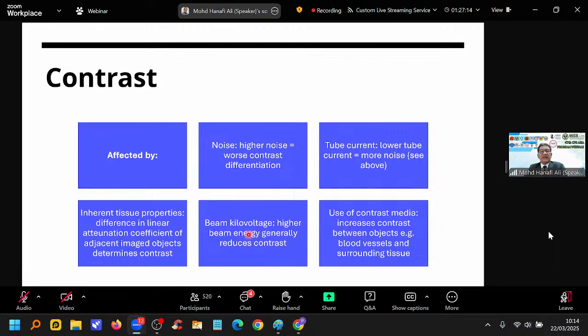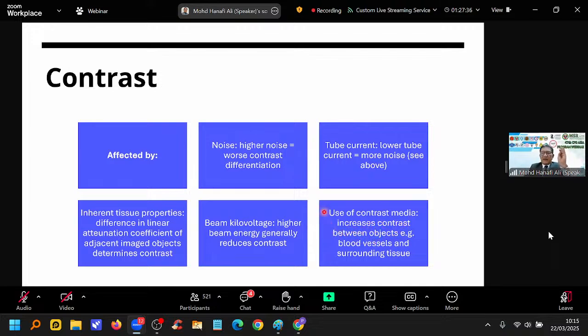Not like X-ray, where it is absorbed then appears white, gray, something like that. We must make sure that photons penetrate the patient and hit the detector, then give us some value. That's why the kVp is a bit high in CT scan.